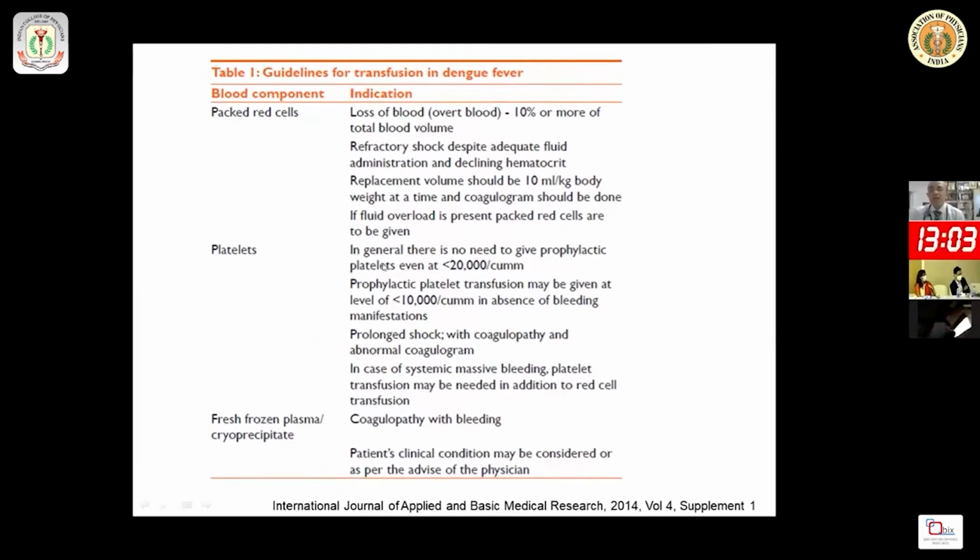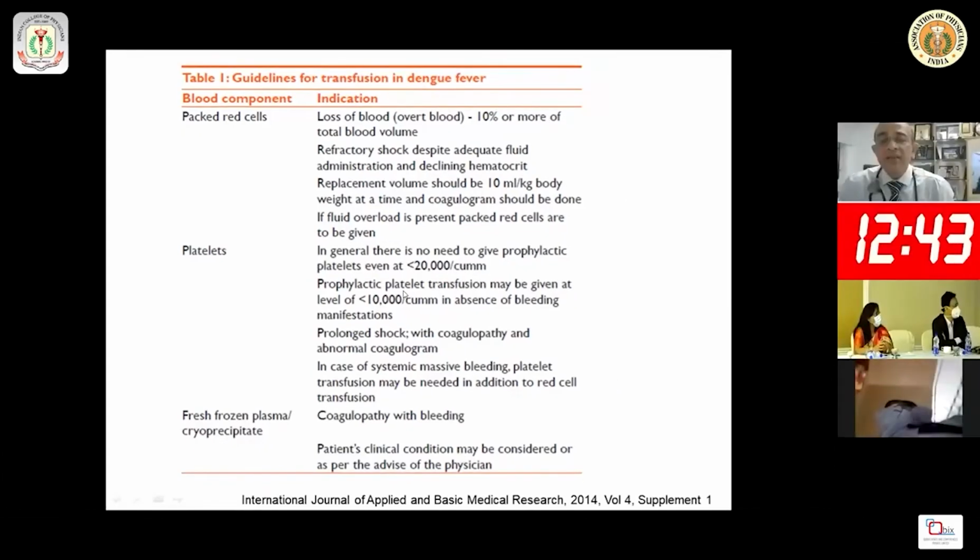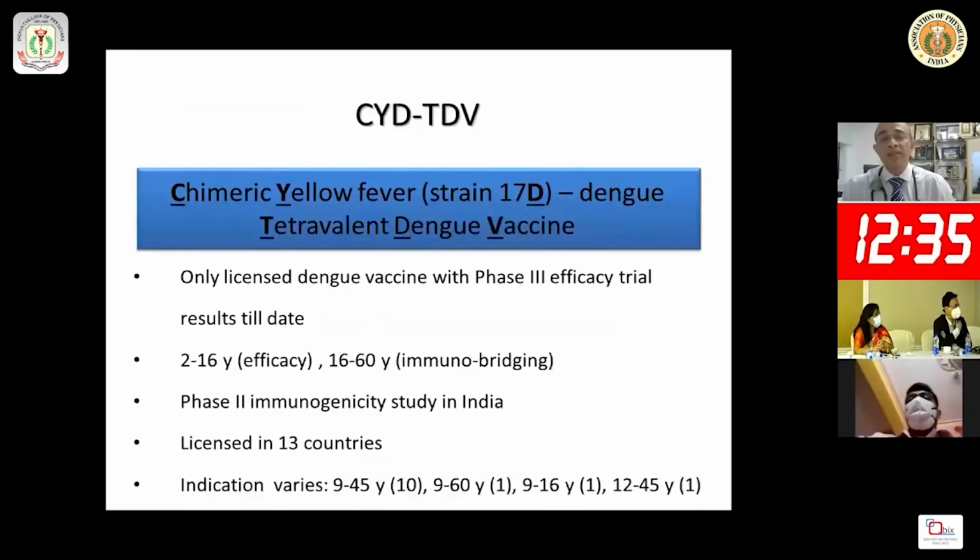There is definitely no role for platelets if the platelet count is more than 20,000. You can consider it, please remember it may be given, it is not mandatory, if the count is less than 10,000 or if there is active bleeding from any site. So we have become very conservative in our current management of patients with dengue, and almost never give platelet transfusion.